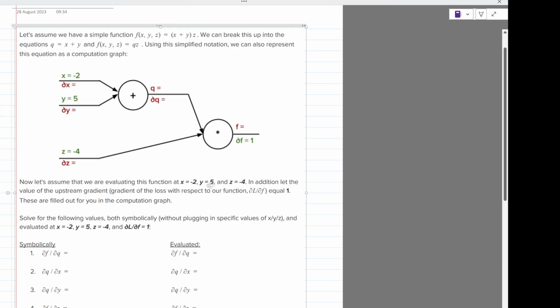We are evaluating the function at these values. In addition, let the value of the upstream gradient of the loss with respect to the function be given. So there is some loss function L, and del L by del F is given as 1.